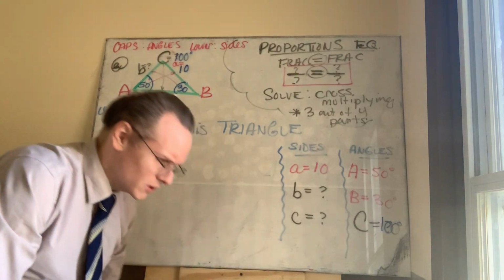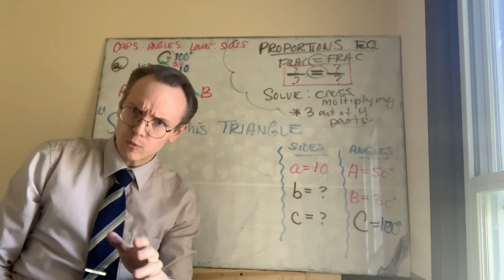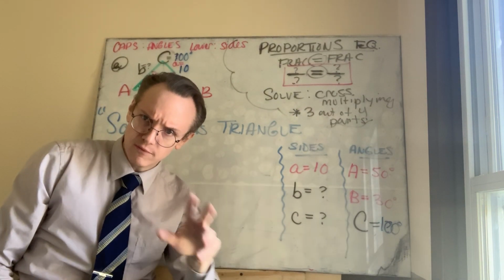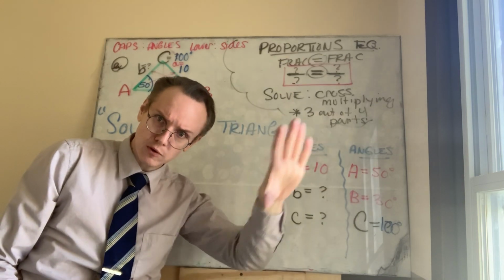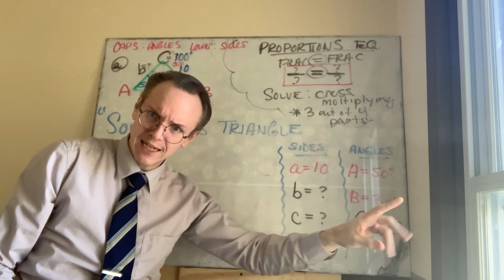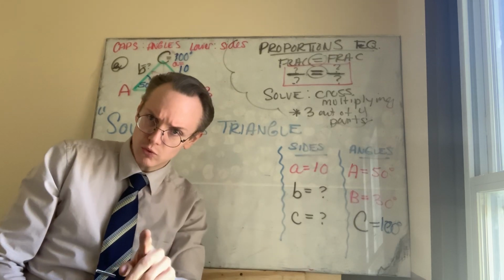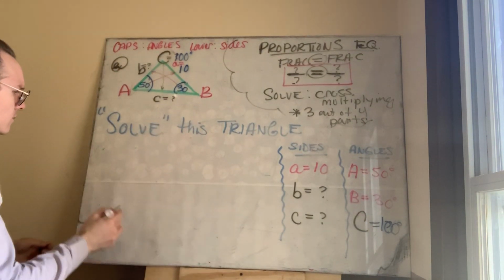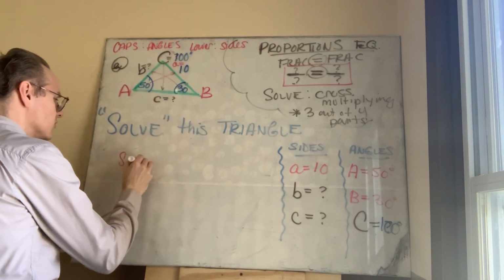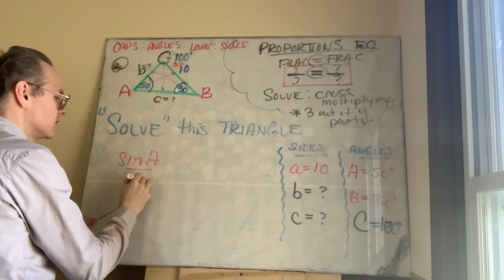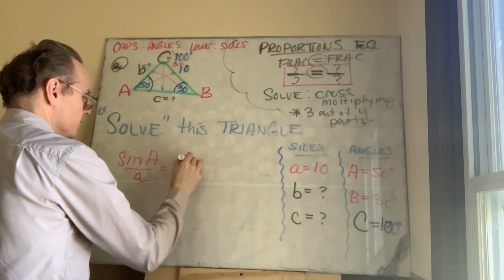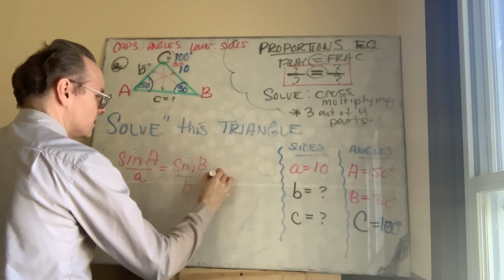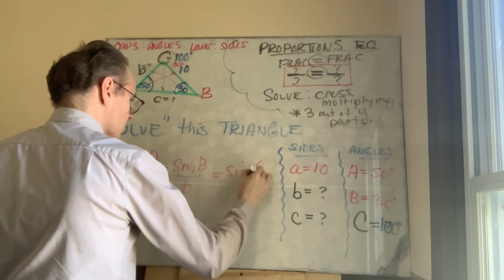Now again, what I would do is maybe start with writing out the law of sines. The ratio is set equal to the ratio is set equal to the ratio, and then circle the two that you're going to use. So if you had the sine of A over A is equal to the sine of B over B, and the sine of C over C.